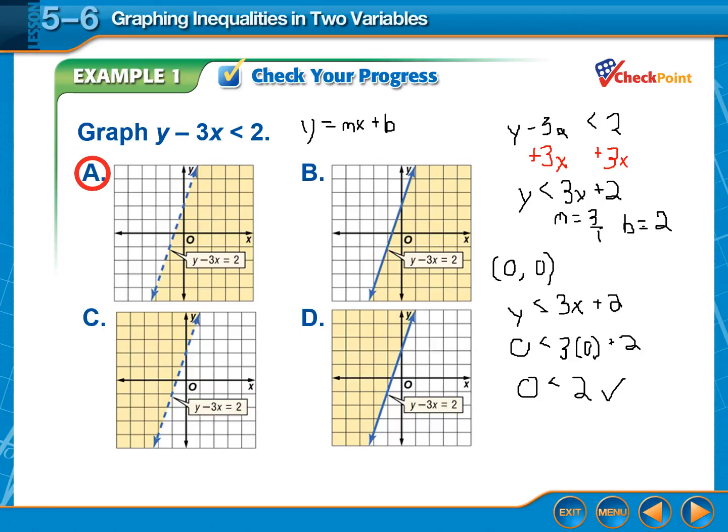Yes, it is. So that means the side of my graph where 0, 0 is the true side of the graph. Between A and C, A shows the half plane with 0, 0 shaded in. So A is the correct answer to this inequality. Y minus 3x is less than 2 would be graphed like that.